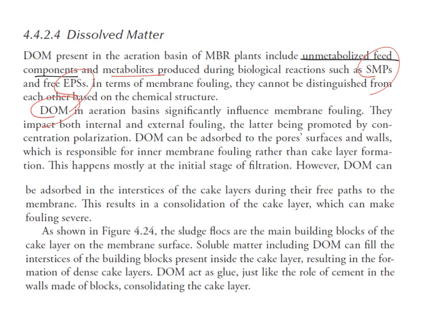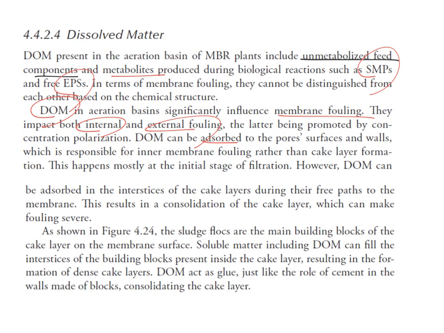And dissolved organic matters affect membrane fouling. It's very clear because it can lead to internal and external fouling. And these dissolved organic matters can be adsorbed to the pore surfaces and pore walls, which leads to pore narrowing.